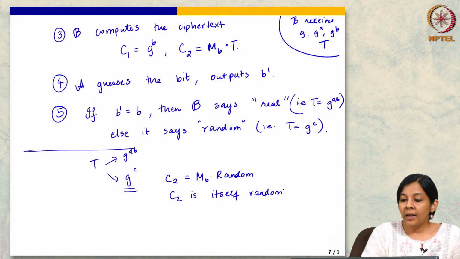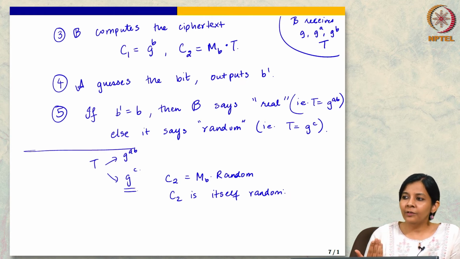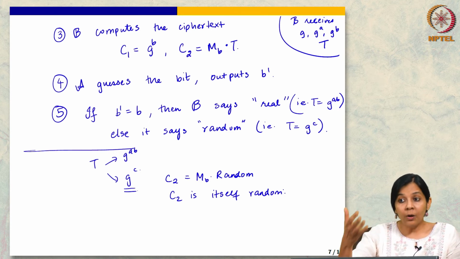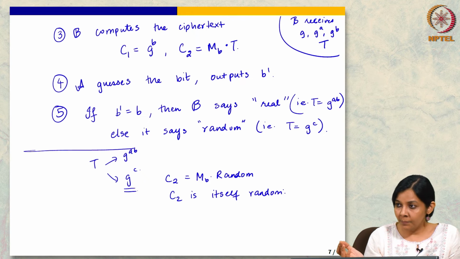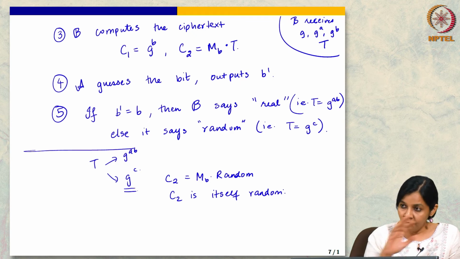So, basically if the attacker guessed wrong, okay, then it makes intuitive sense, right, that if you claim that you have an advantage in breaking my scheme, but I give you something where the bit is information theoretically hidden, then obviously you cannot have an advantage, right.